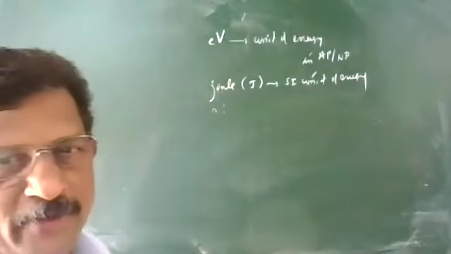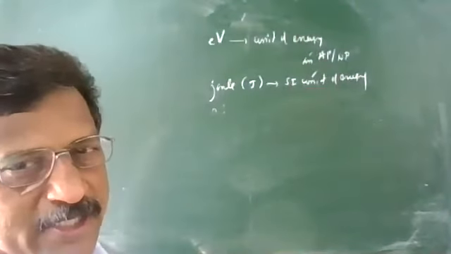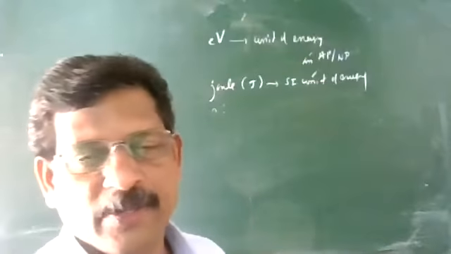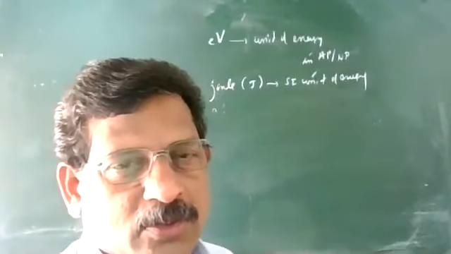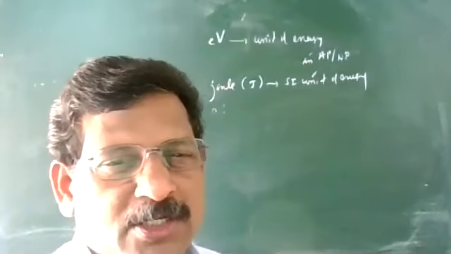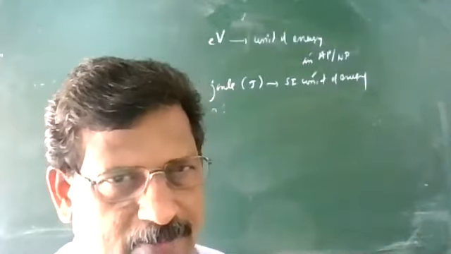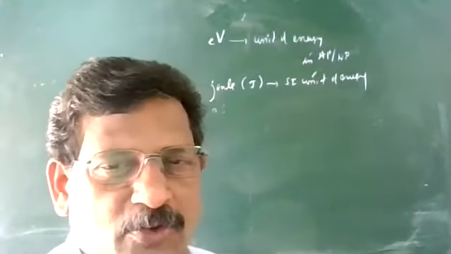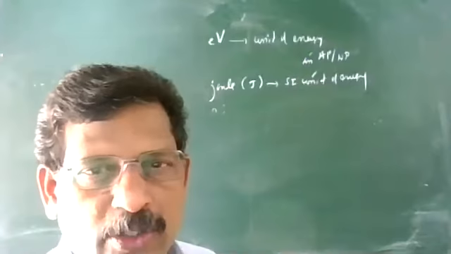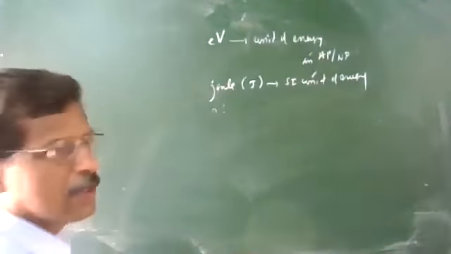There are many convenient units of energy we use in different cases. For example, domestic electric energy consumption unit is not Joule or electron volt, that is a kilowatt hour. So in different cases we use different units of energy for our convenience. Electron volt is the unit of energy especially we employ in atomic or nuclear physics.